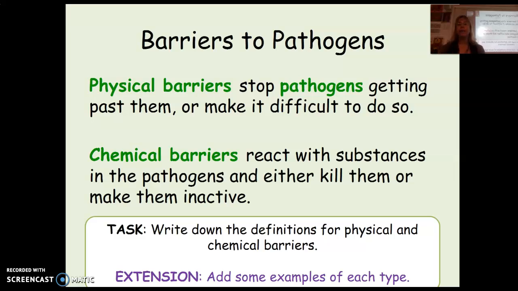And then we also have chemical barriers where these chemicals react with substances in the pathogens and either kill them or make them inactive. So pause the video and copy these two definitions down.